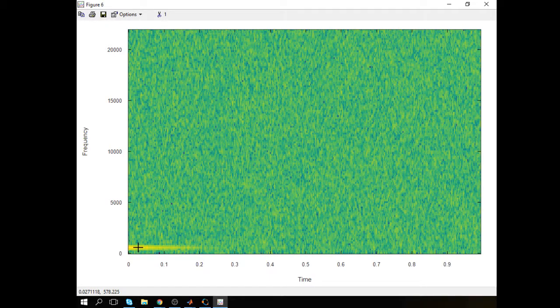So, the MATLAB spectrogram function, unfortunately, was designed by some mathematician who doesn't know how to put the axes. By default, it puts the time axis vertical, starting from 0 here, and the frequency axis there. So for engineers, it doesn't make any sense.